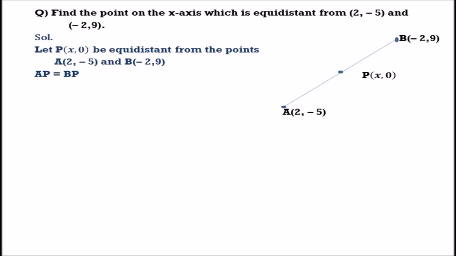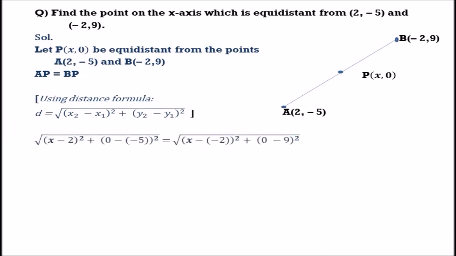Now, since we are talking about distance, let us use distance formula. D equals root over (x2 minus x1) whole square plus (y2 minus y1) whole square. For AP, coordinate of P minus A, that is (x minus 2) whole square plus (0 minus -5) whole square, equals, now for BP, (x minus -2) whole square plus (0 minus 9) whole square.